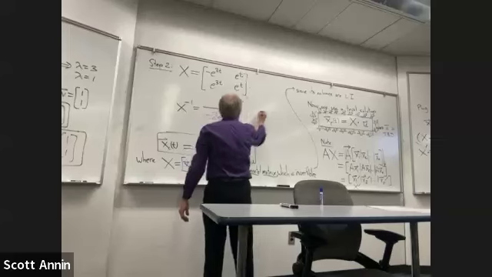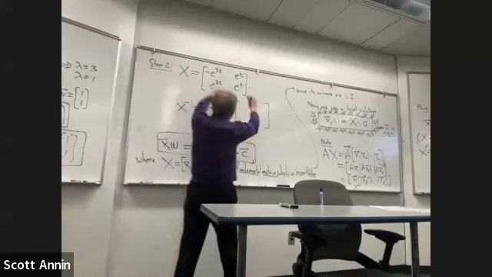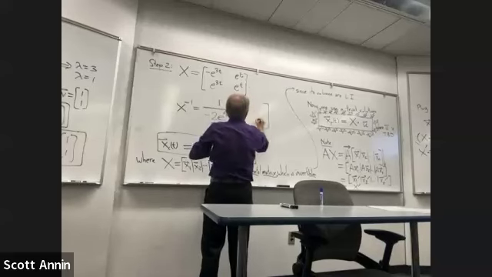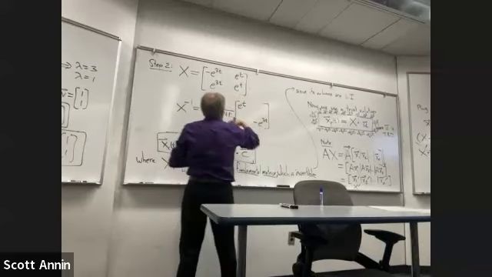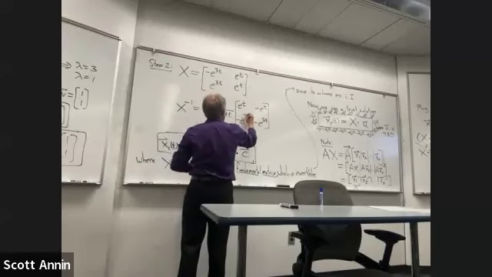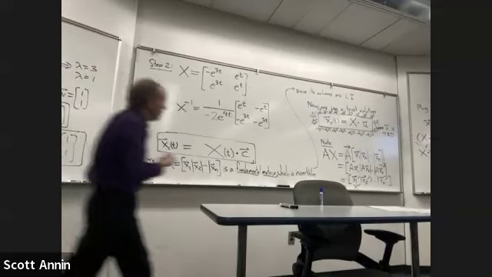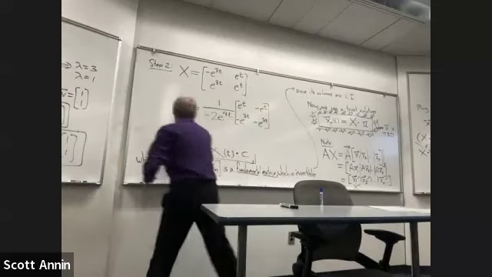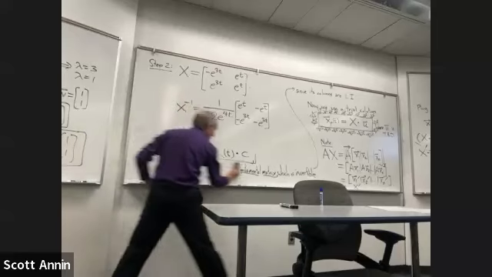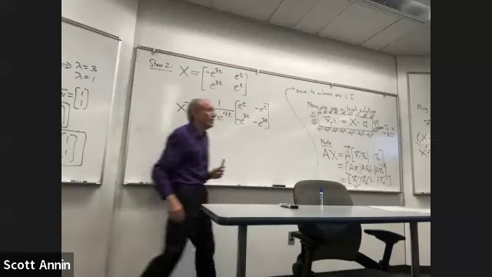And that's my AD minus BC. And then within the matrix itself, I have to swap the diagonals. And I have to put minus signs on the off diagonals. And there's my x inverse. Okay. Pretty clear on that?